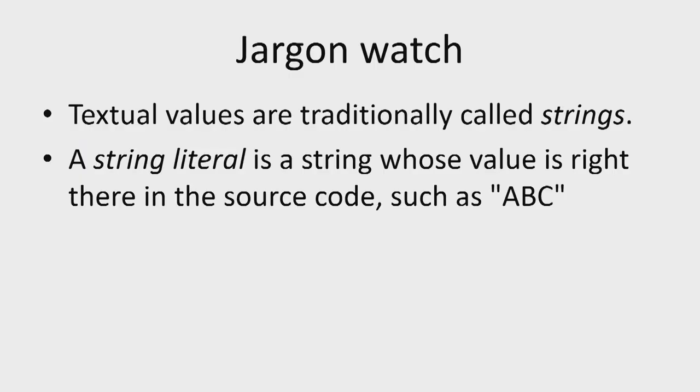That's kind of been lost to the mists of history, but it makes a little bit of sense. You think about a bunch of characters that are strung one after the other, and it's a string. And so just as integer literals are integer values that appear directly in the program, string literals are textual values that appear directly in the program. We'll see that in C# there's a bunch of different ways to make string literals, but the most common way is to simply surround a bunch of text in quotation marks.